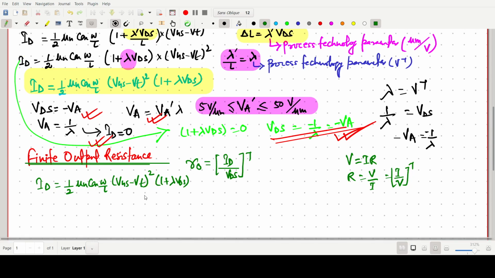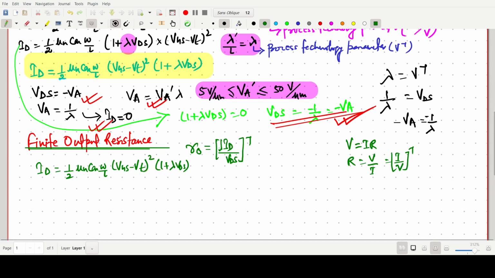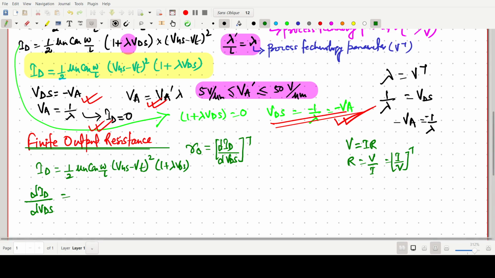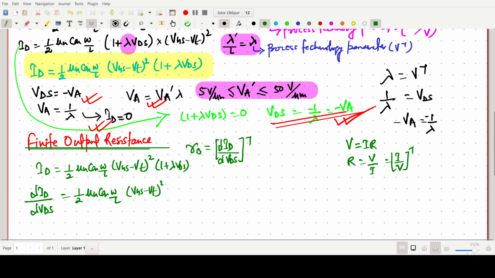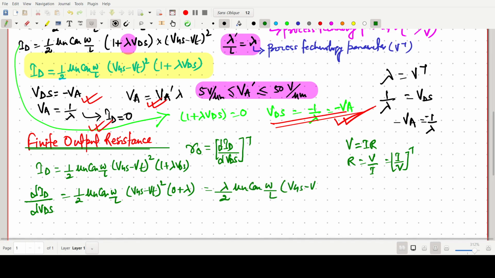If we differentiate, del ID by del VDS, we get 1 by 2 mu n Cox W by L, VGS minus VT whole square stays as it is. The 1 is constant, so 0, plus lambda VDS, whose derivative is lambda. So one can write lambda by 2 mu n Cox W by L, VGS minus VT whole square.